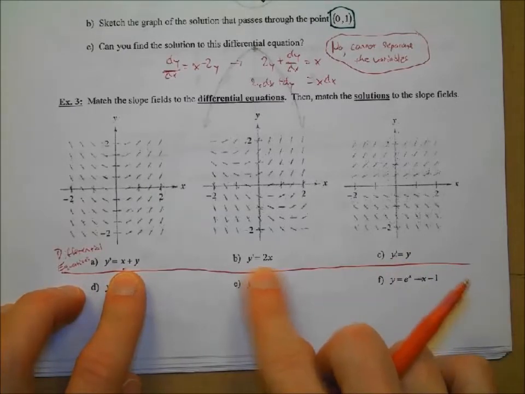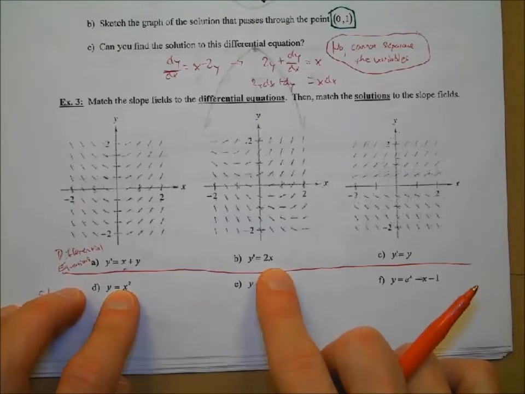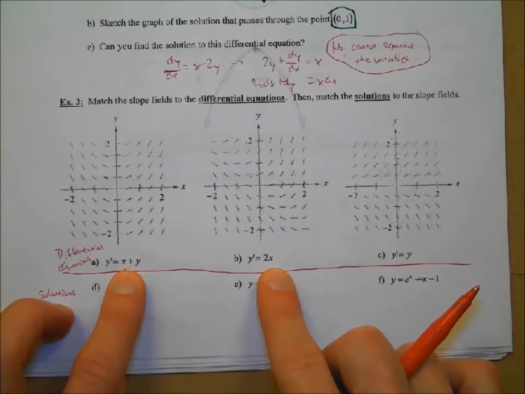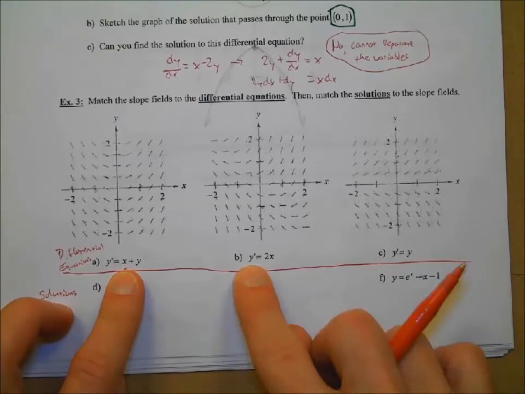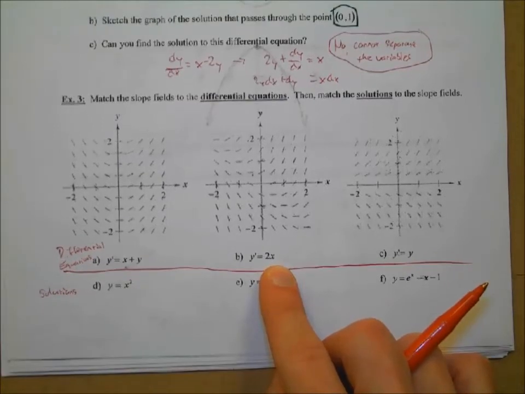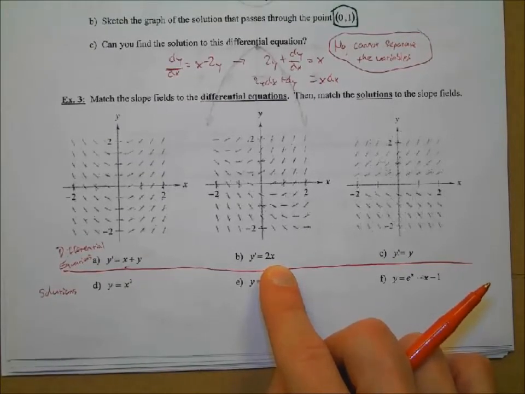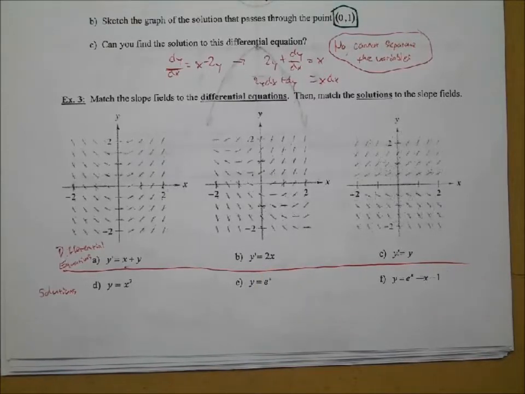The differential equation is defined only by what variable? X. This one is defined by X and Y. This one is defined by just Y. So the differential equation here is only defined by X. So in other words, the slopes will only depend on the X value. The slopes will only depend on the location, your X coordinate.